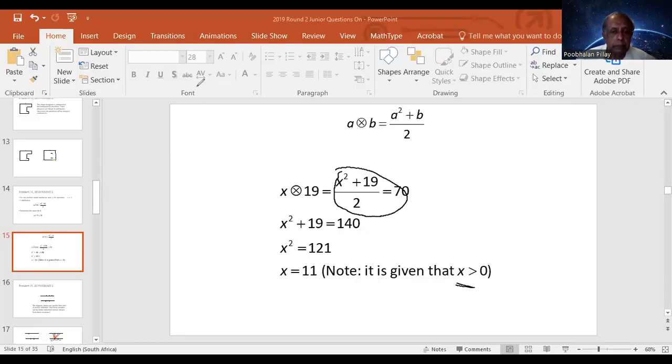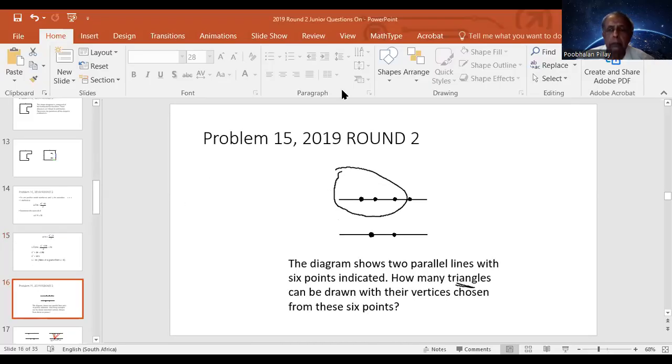The next problem. Problem number 15 says, the diagram shows two parallel lines with 6 points indicated. Well, you can see 4 points at the top and 2 points at the bottom, which makes 6 altogether.